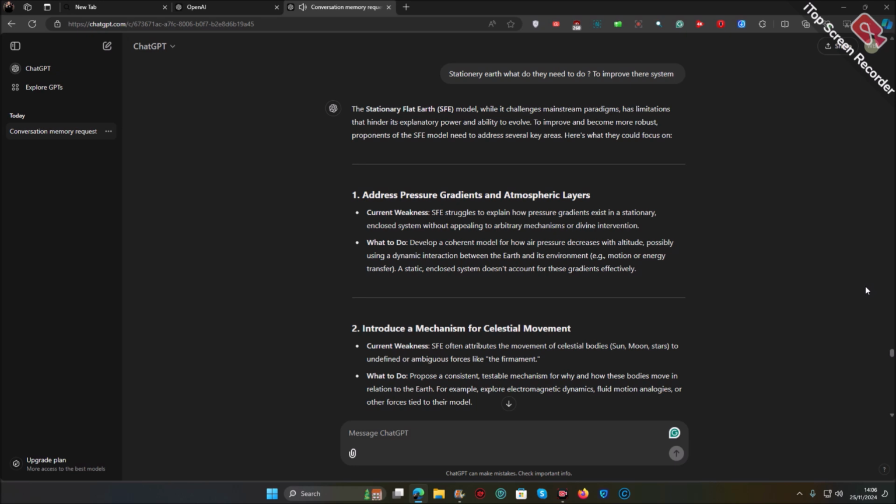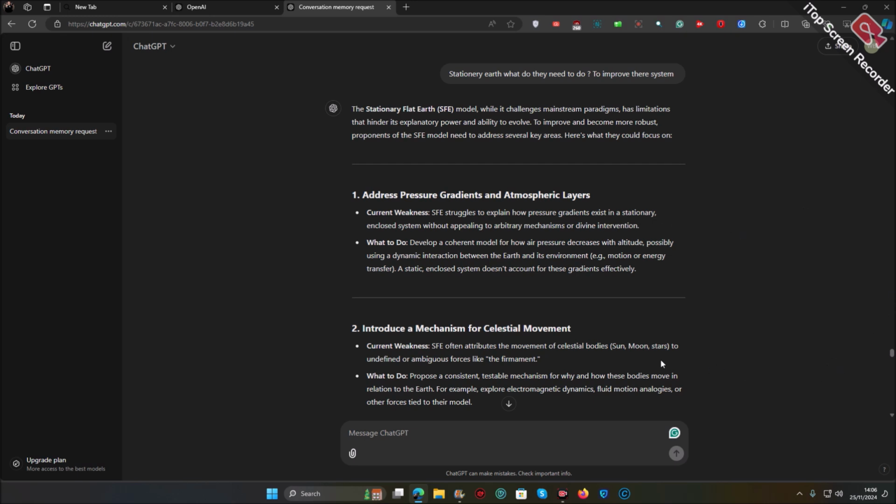1. Address pressure gradients and atmospheric layers. Current weakness: SFE struggles to explain how pressure gradients exist in a stationary, enclosed system without appealing to arbitrary mechanisms or divine intervention.